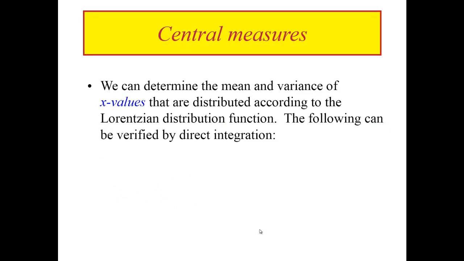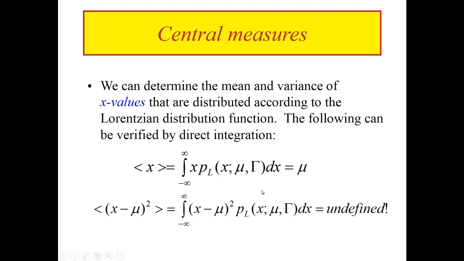All right, central measures. Let's look at the mean and standard deviation. Direct integration can verify, as you would expect for a symmetrical distribution function, that the mean value of x is just the quantity mu. That makes sense. And here's what's different. If we actually try to evaluate the variance for the Lorentzian distribution function, we find out it's undefined.